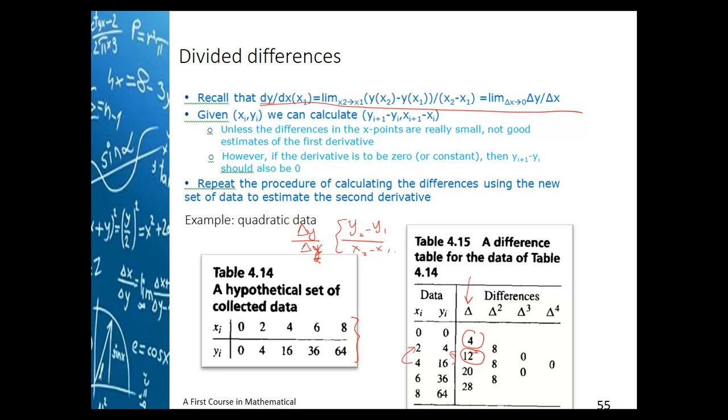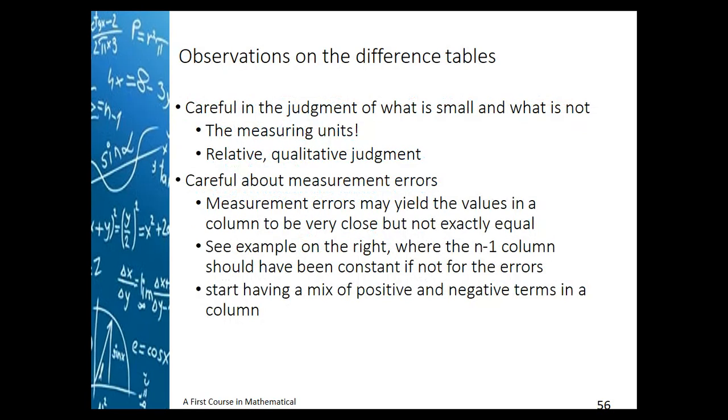So you can imagine if your data set is large, your difference table is also quite extensive. If you look at the difference table, be careful in the judgment of what is small and what is not: the measuring unit, the relative qualitative judgment.